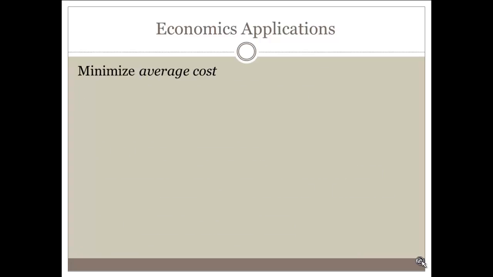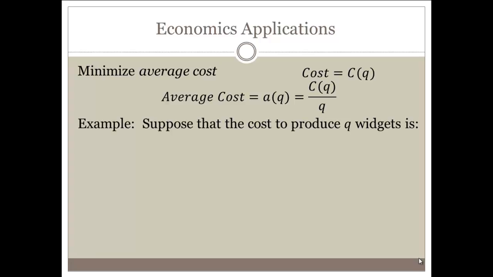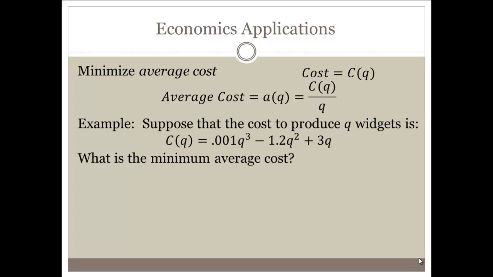So let's now understand how to minimize average cost. If our cost function is given by C of Q, then the average cost, A of Q, is C of Q divided by Q, the number of items we make. Suppose that the cost to produce Q widgets is given by C of Q equals 0.001Q cubed minus 1.2Q squared plus 3Q. What is the minimum average cost?